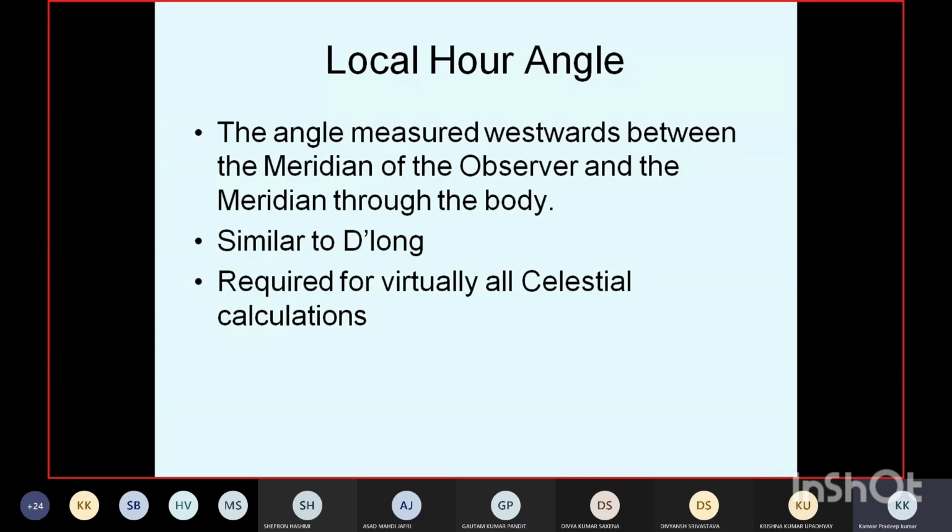The angle measured westward between the meridian of the observer and the meridian through the body. We come to the third reference point now. For longitude, we had the Greenwich hour angle measured from Greenwich. Greenwich is a fixed reference point. So we had Greenwich hour angle, we had sidereal hour angle from the first point of Aries, the meridian passing through the first point of Aries.